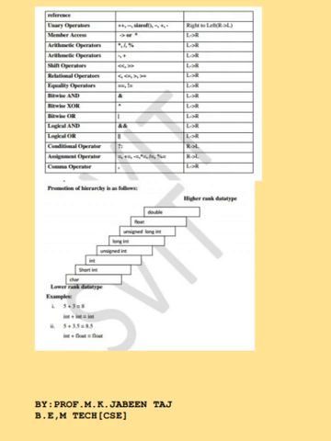Integer expressions. If all the operands in an expression are integers, then the expression is called an integer expression. The result of the integer expression is always integer. Example, 4 / 2 = 2. Floating point expression. If all the operands in an expression are float numbers, then the expression is called floating point expression.